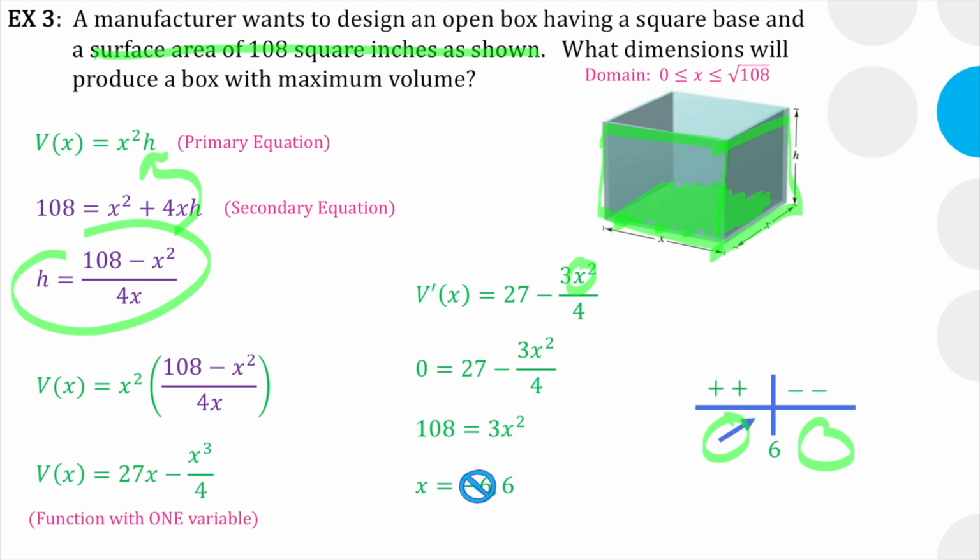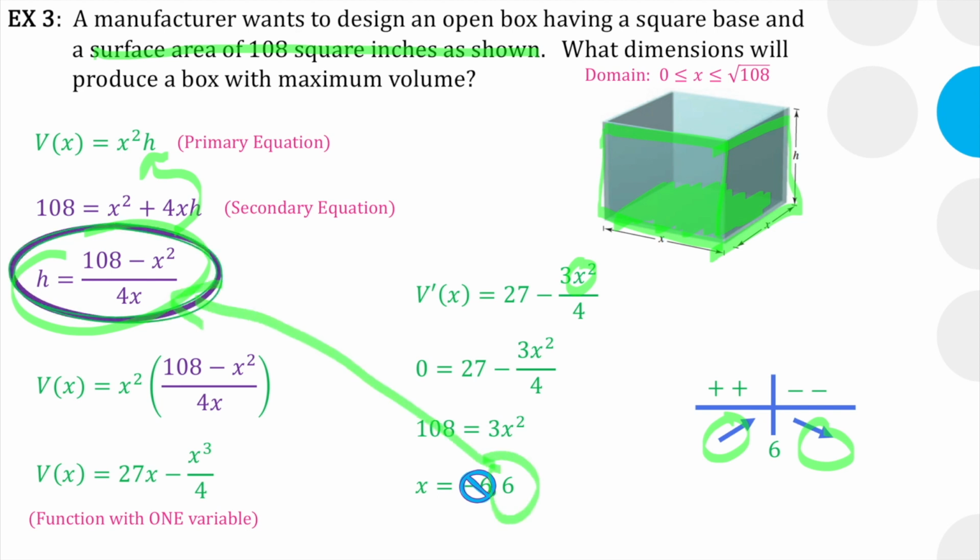So the function is increasing until 6 and then decreasing. So is 6 a maximum? Yes, it is. So we can plug that back into our h, solve for h, and we have the dimensions of our box need to be 6 by 6 by 3.